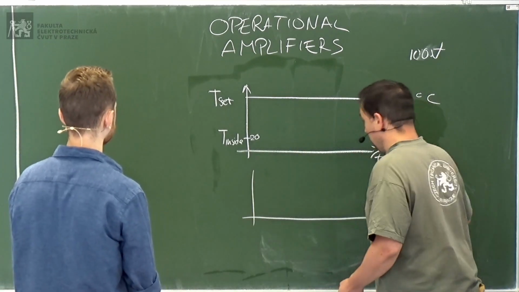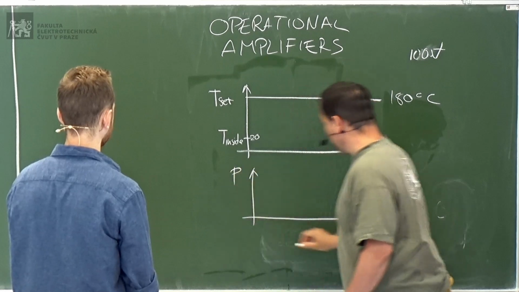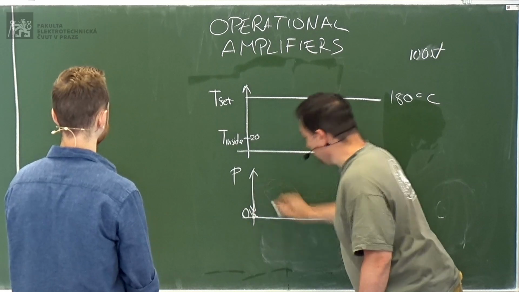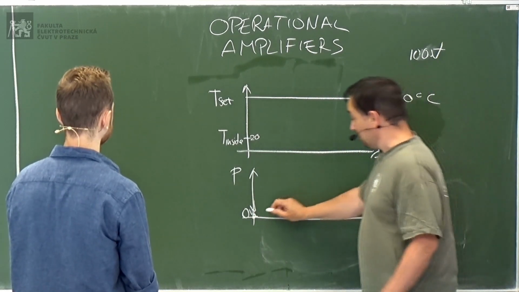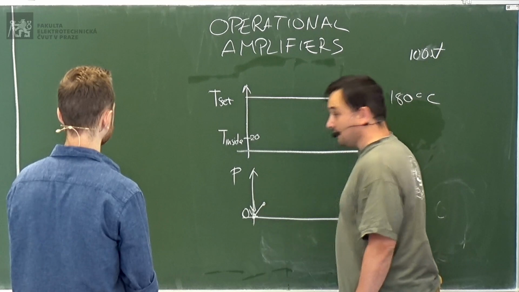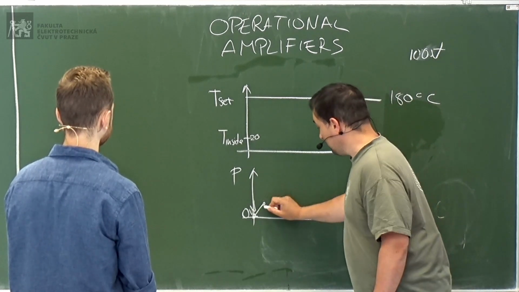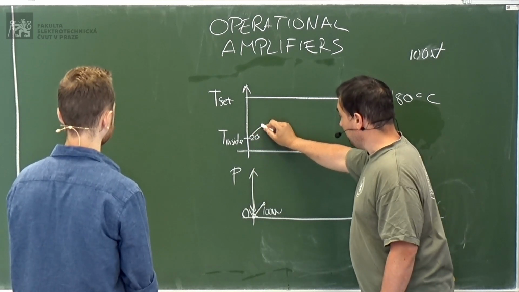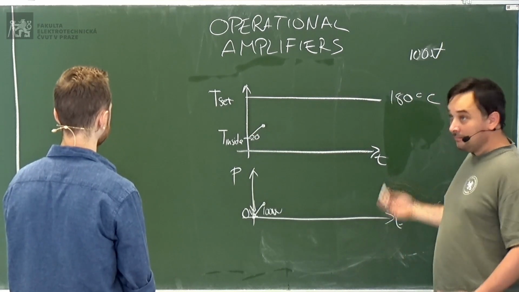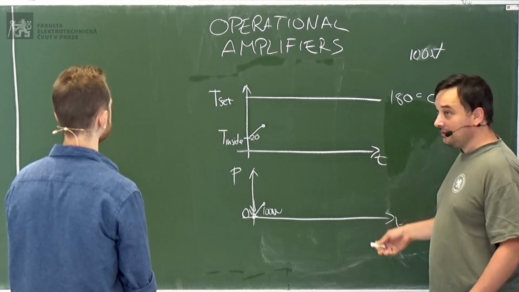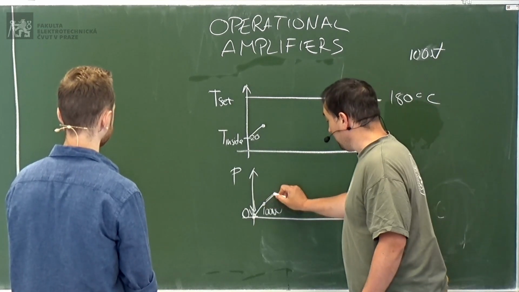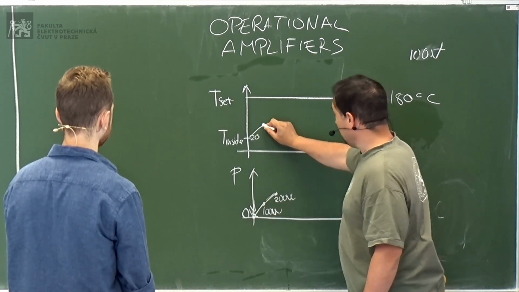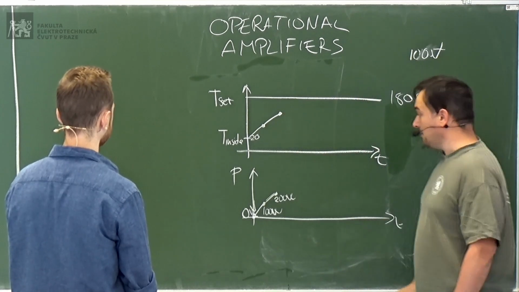And so we can draw here the power, okay? And we say it's 0 watts at the beginning. So it will increase the power to 100 watts, okay? So this is 100 watts. The temperature will increase. It feels that there is still a difference, so it will increase the power to 200 watts, and the temperature will increase.